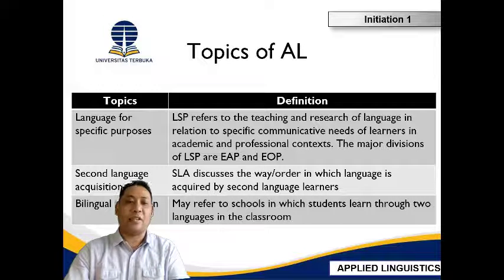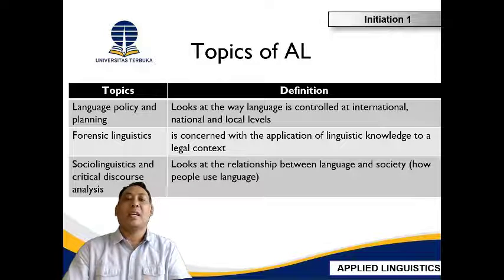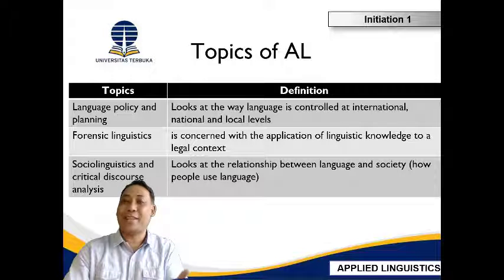Okay, the next is second language acquisition and bilingual acquisition, language policy and planning. If you are interested, for example, in forensic linguistics, you can also learn here, and the last one, sociolinguistics and critical discourse analysis.